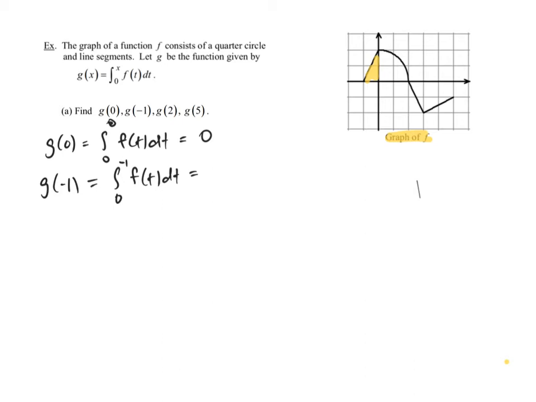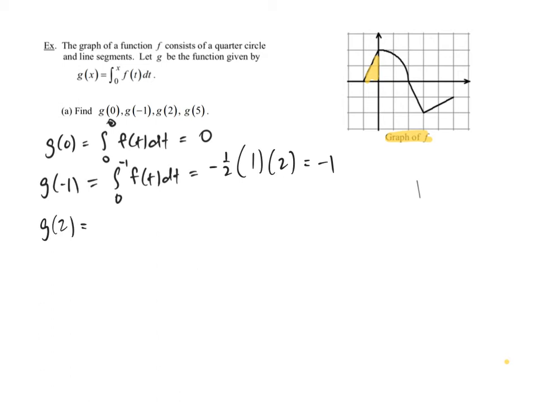But the fact that we are integrating backwards, from 0 until negative 1, from right to left, makes that area, which would normally be positive, a negative area. And so my answer here is going to be negative 1/2 times the base, which is 1, times the height, which is 2, and that's going to give me negative 1. So again, because we're integrating the wrong direction, from right to left, even though that region is above the axis, that's what makes the answer negative.